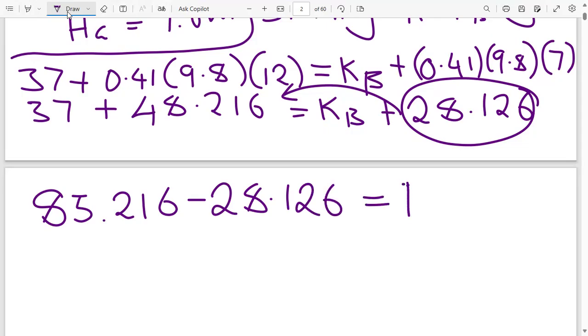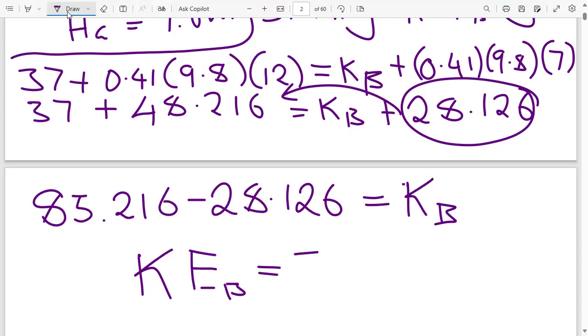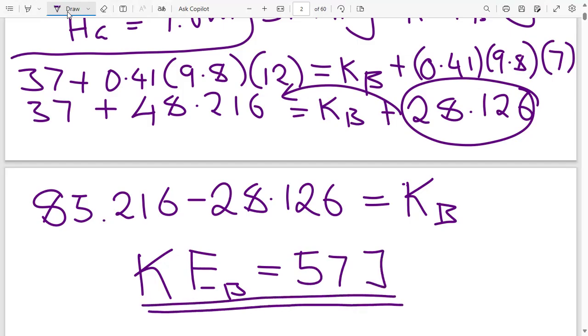This will be equal to kinetic energy at point B. So kinetic energy at point B will be equal to 85.216 minus 28.126. I'm getting kinetic energy at point B, which is equal to 57 joules. So the kinetic energy at point B is actually equal to 57 joules.